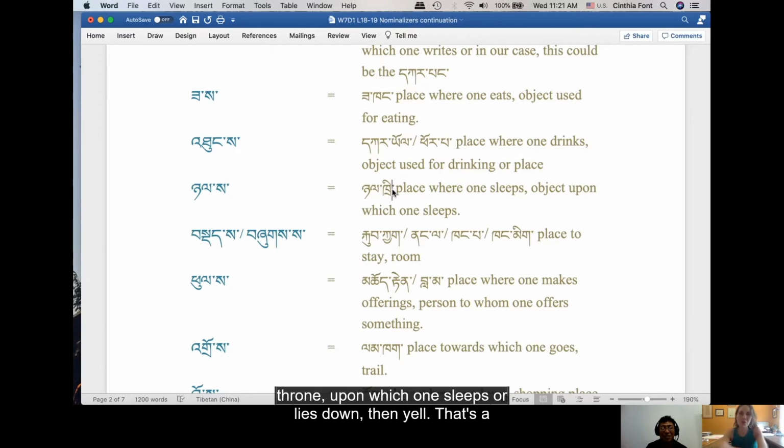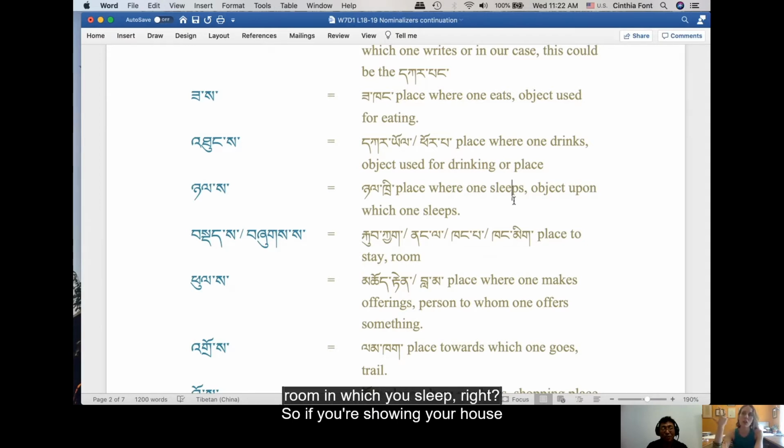So the throne upon which one sleeps or lies down, the nyel, that's a nice way to say nyesa. But nyesa doesn't just indicate the bed or the mattress upon which one sleeps, or the floor if you sleep on the floor, as some people like to. The nyesa also indicates the room in which you sleep, right?